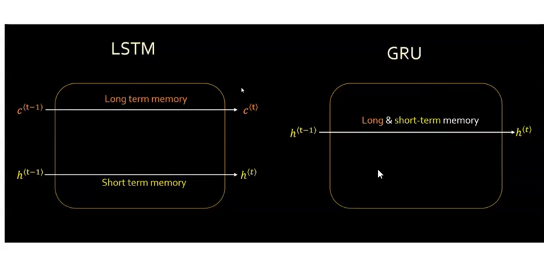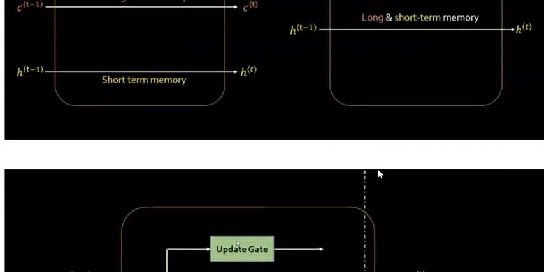Similarly, C of t minus 1 and C of t are the long-term memory states of the t minus 1th sequence and the current t sequence. But in GRU, we have combined short-term memory and long-term memory into a single hidden state. So we have no C of t channel. Instead, we have only H of t minus 1 and H of t, which contain both long and short-term memory.